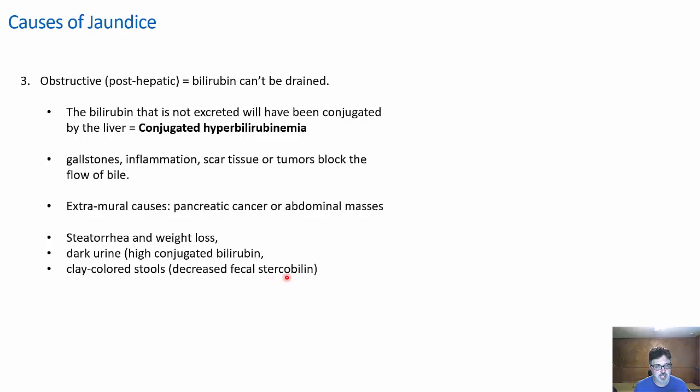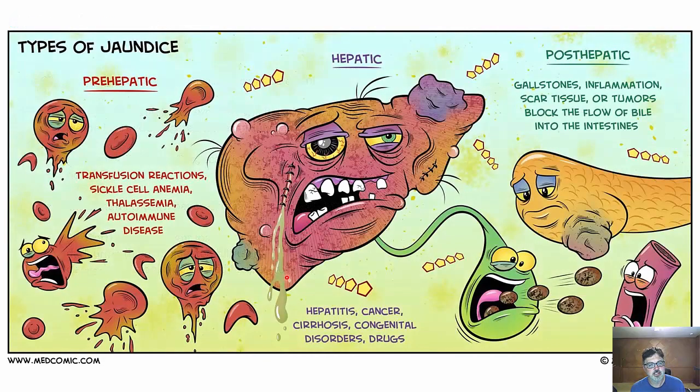So you'll see this clay colored stool with obstructive jaundice. So here's one of those nice little illustrations that shows us the different types: prehepatic, hepatic, or post-hepatic jaundice, giving us an outline of their causes and their manifestations.